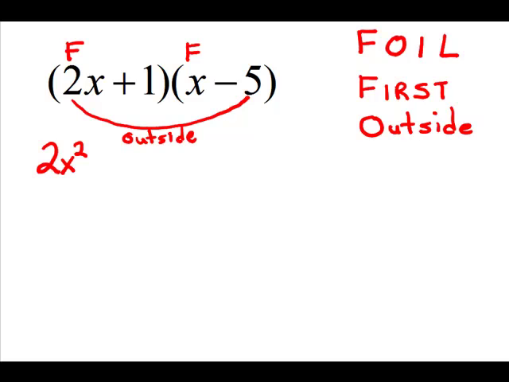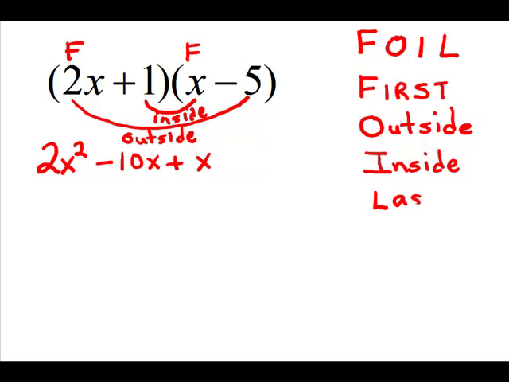So we'll multiply those. So 2x times negative 5 will be a negative 10x. Then we'll do the inside or inner, which will be 1 and x. Those are the inside. So we're going to multiply those. 1 times x is x. And L stands for the last term in each set of parentheses.